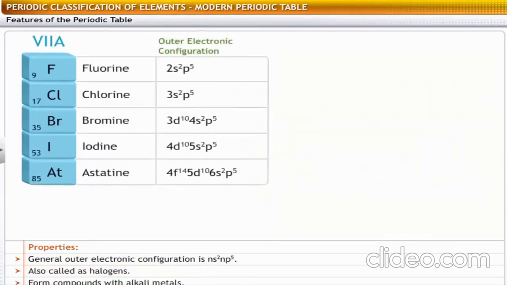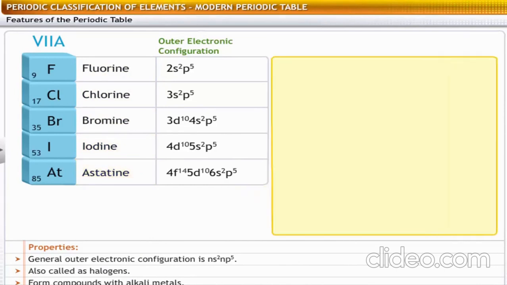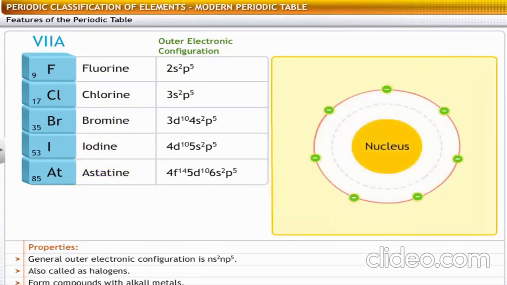Group 7, the group of halogens, is next. The elements of group 7 are fluorine, chlorine, bromine, iodine, and astatine. They contain 7 valence electrons, and hence their general outer electronic configuration is Ns2Np5.